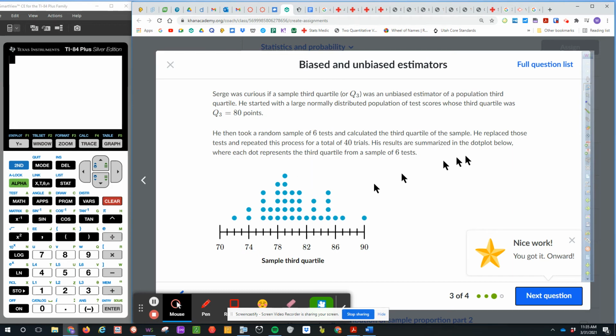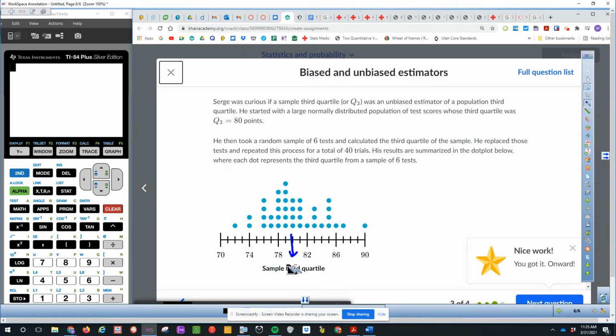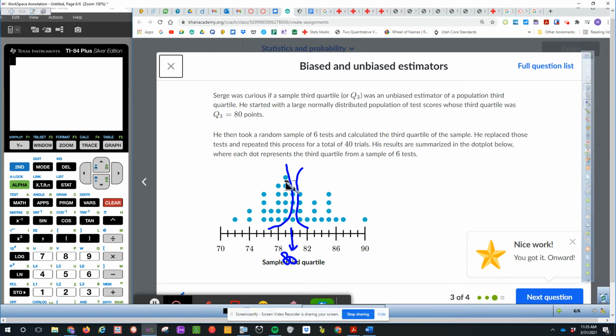So if this is your population parameter, and this amount is the same as that amount, it is symmetric. And we can see, even though there's a little bit higher here, the peak here at 80 is less than the peak here.